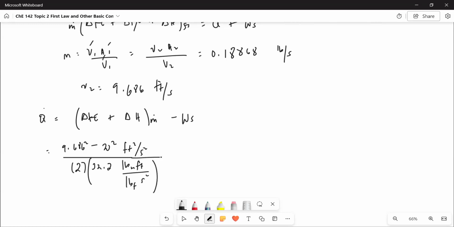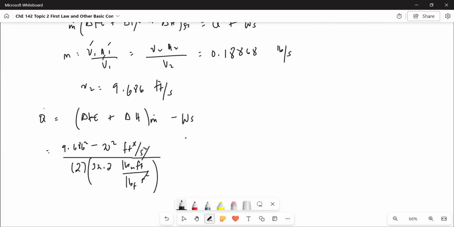It's in Smith and Van Ness. So what can be cancelled out? Second squared cancels out. One foot cancels out. So this becomes pound force foot, which is energy over pound mass.